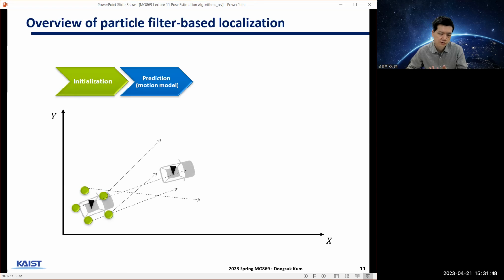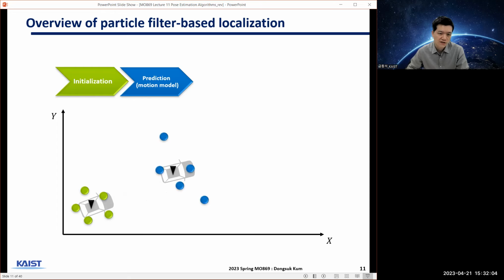The distribution over time is going to lead to a wider distribution over the space.